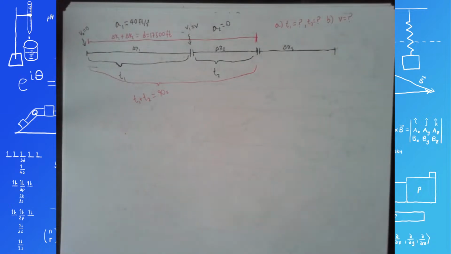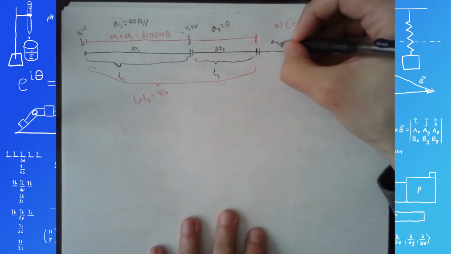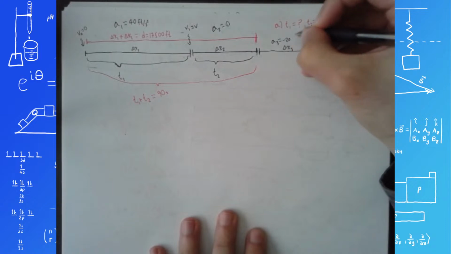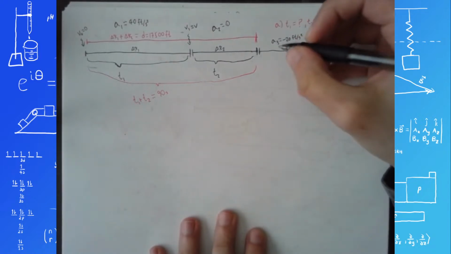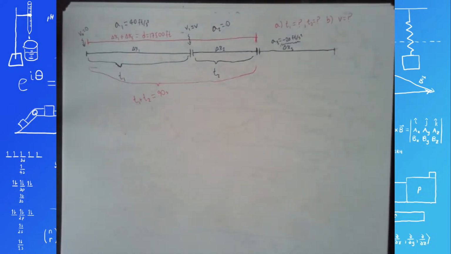And we're going to have acceleration 3 is equal to negative 20 feet per second squared. Let me wall those off from each other so that they don't look like they're part of the same thing. And it says for part C, what is the final position of the sled when it comes to rest?